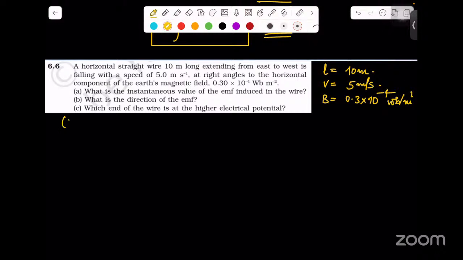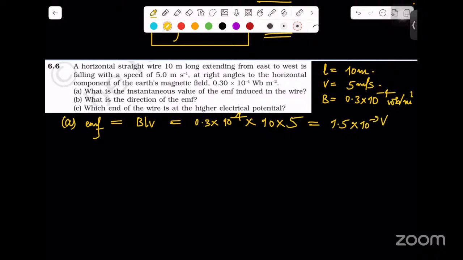So the induced EMF is B L v. B is 0.3 into 10 raised to the power minus 4, into L, which is 10, into v, which is 5. So the induced EMF will be 1.5 into 10 raised to the power minus 3 volts. Okay, so this is the first answer.